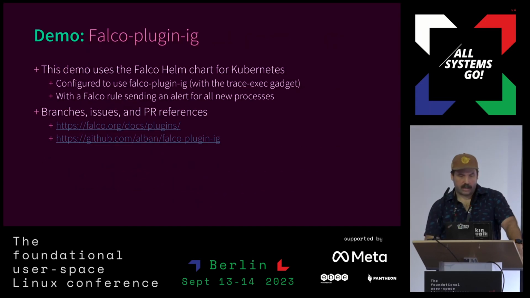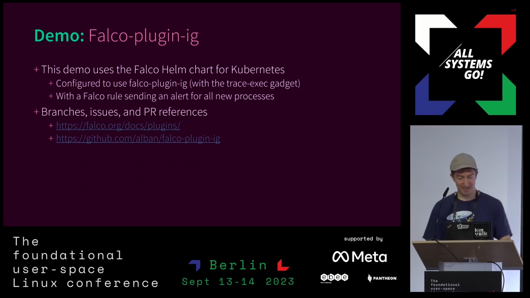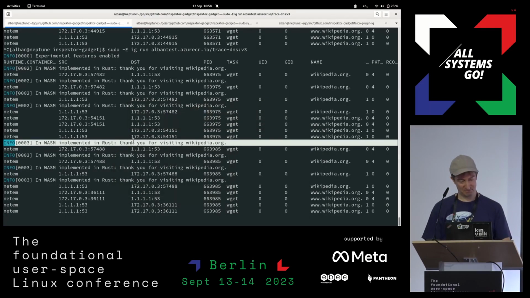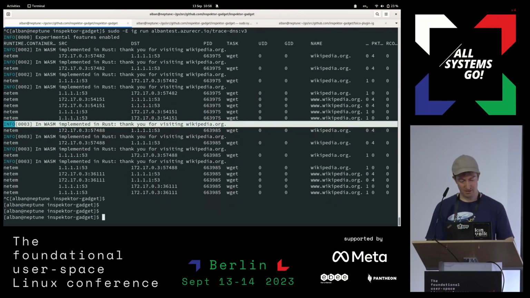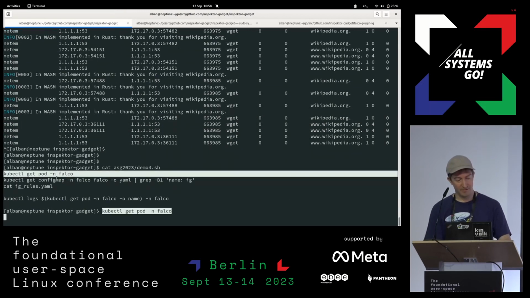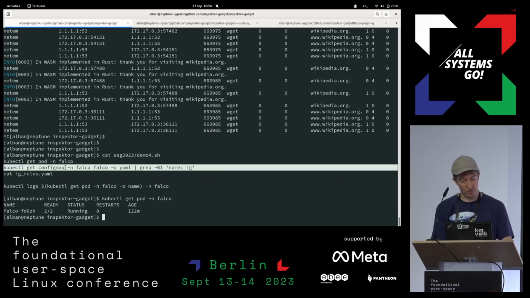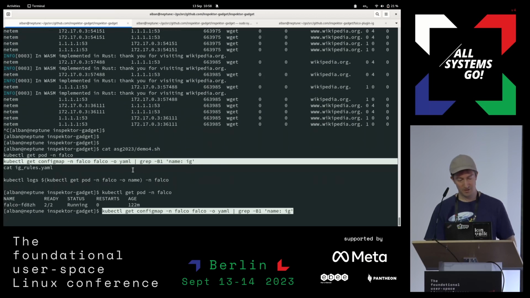And so I think that demo is now. Yes, let's see if it works. Okay, so I should have a Falco pod running. Yes, it seems to be running. And I want to show you the configuration of this Falco pod.